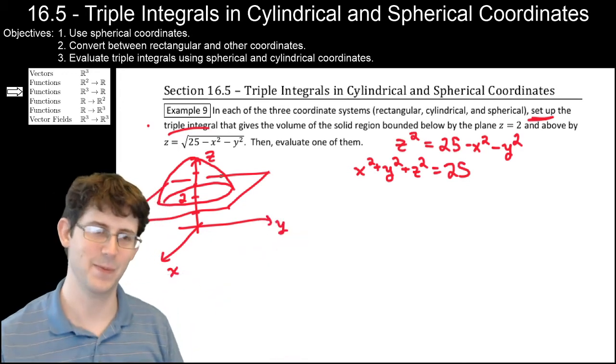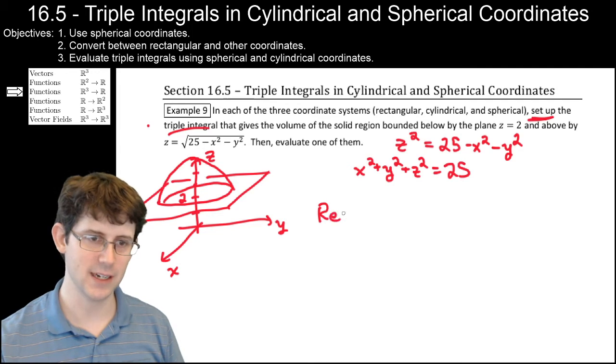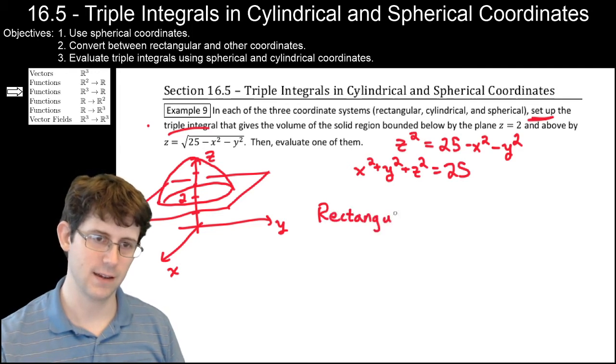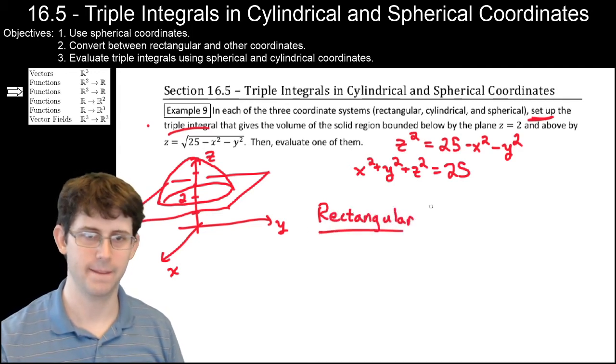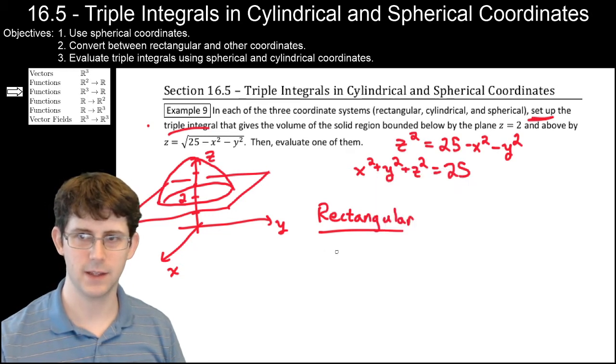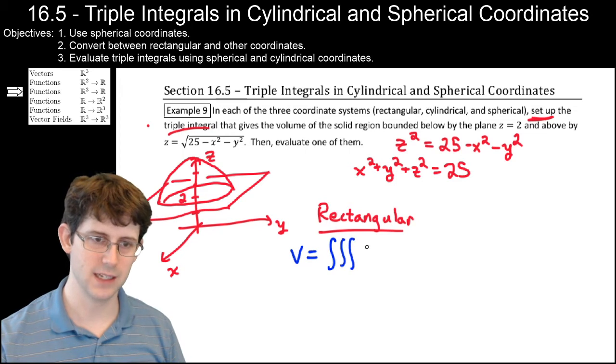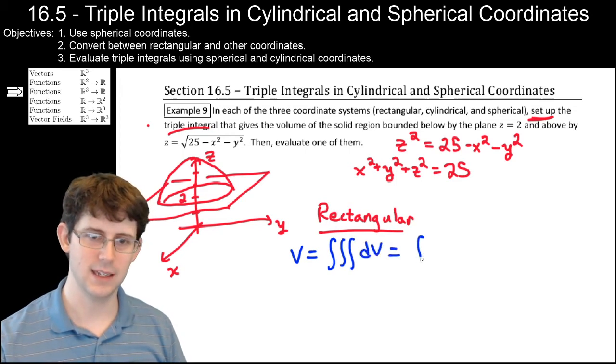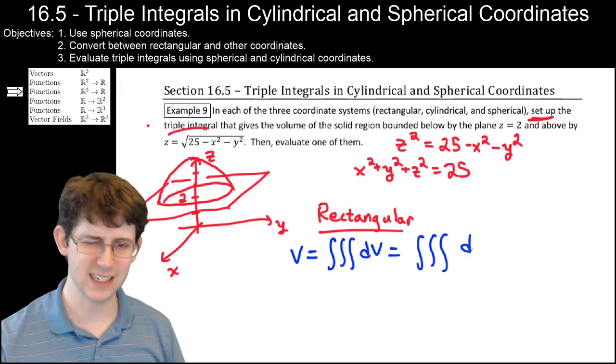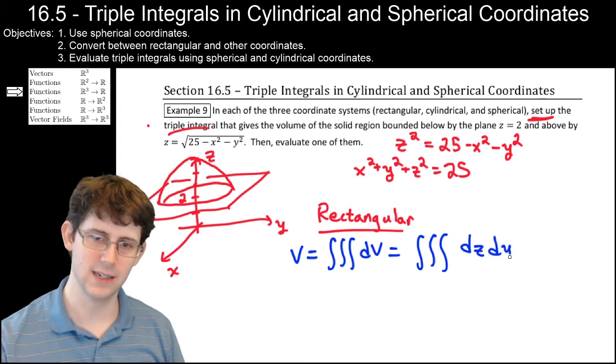What's the volume? Okay, in rectangular coordinates, you say, I am interested in finding the volume. The volume is the integral of dv, and my easiest rectangular form for dv is usually dz dy dx.